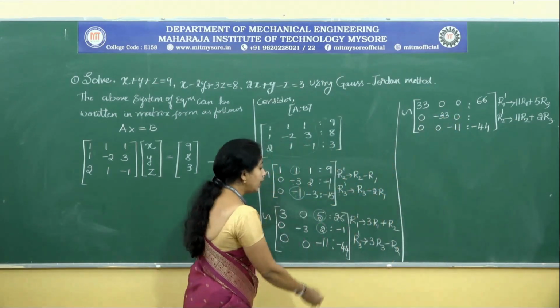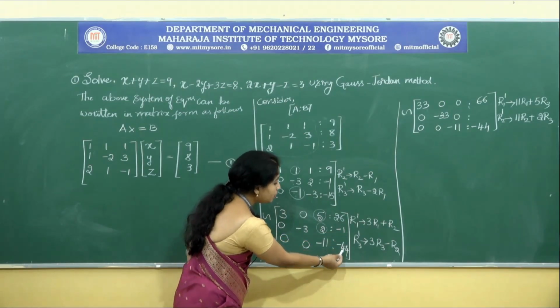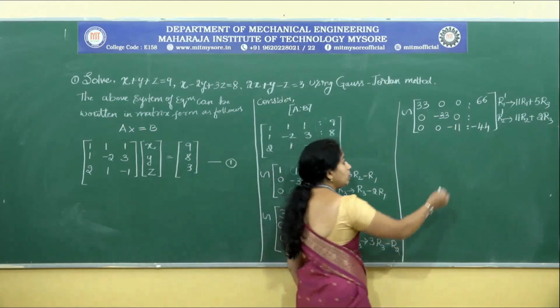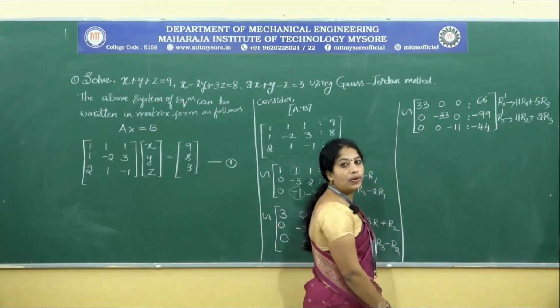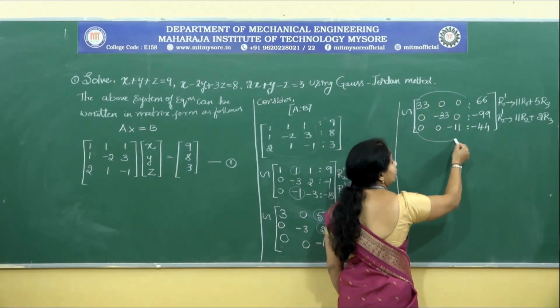See the last element, 11 times R2, that is 11 into minus 1 plus 2 times minus 44, you will get minus 99. Now we have reduced the coefficient matrix.